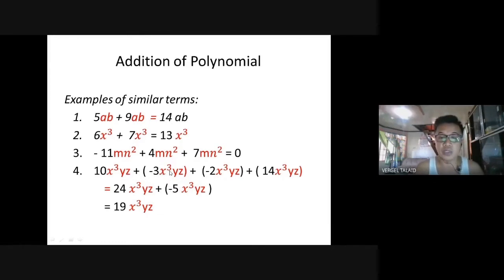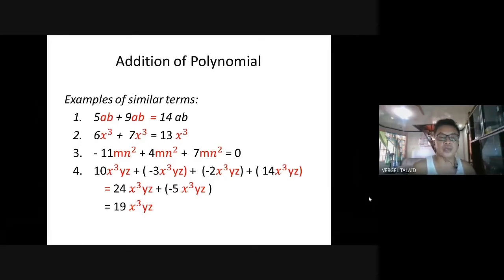Copy the common literal coefficient x cubed yz. 10 and 14 are like signs, so they are both positive. So 10 plus 14 is 24, positive 24x cubed yz. Then 24 and negative 5 are unlike signs, so we are going to subtract and copy the sign of the largest absolute value, that is 19x cubed yz. So therefore, our answer is 19x cubed yz.